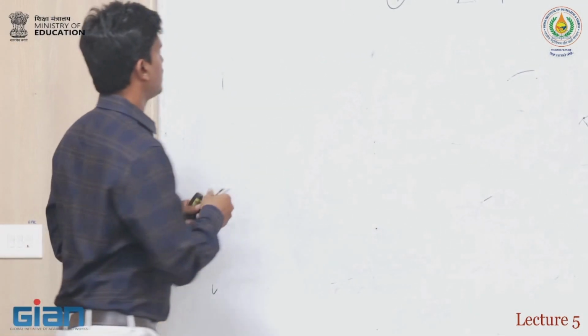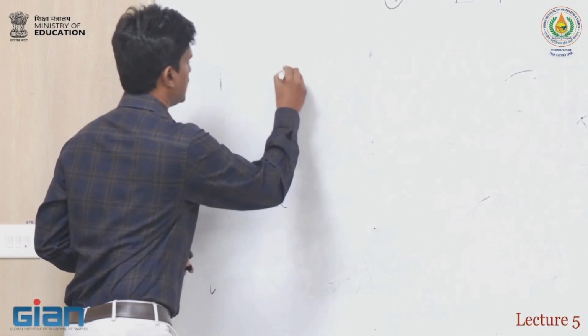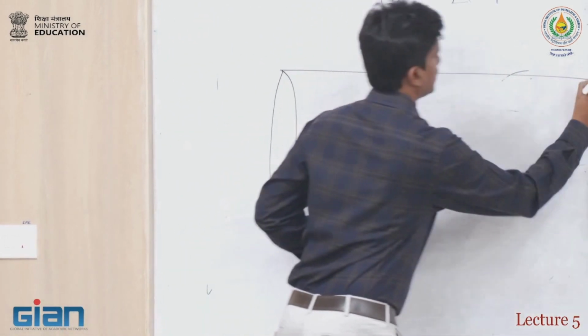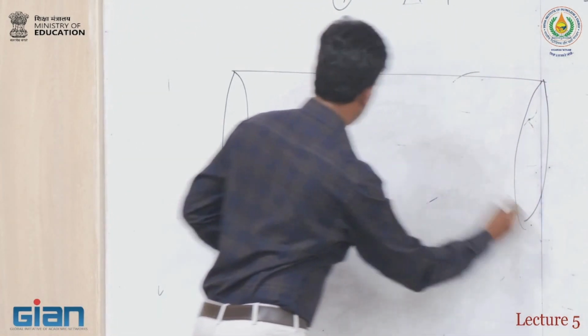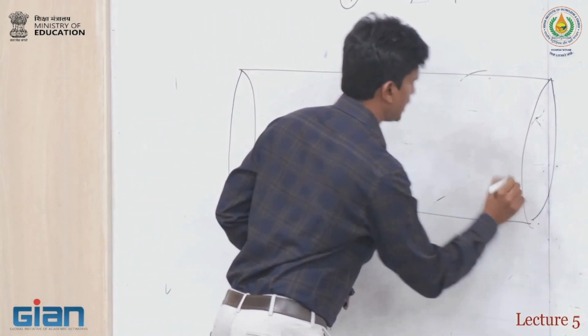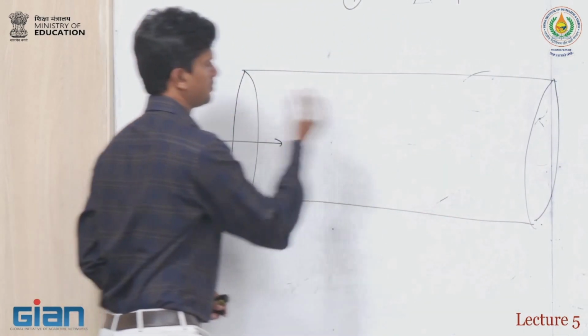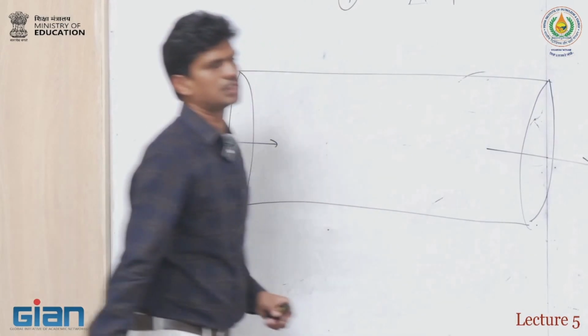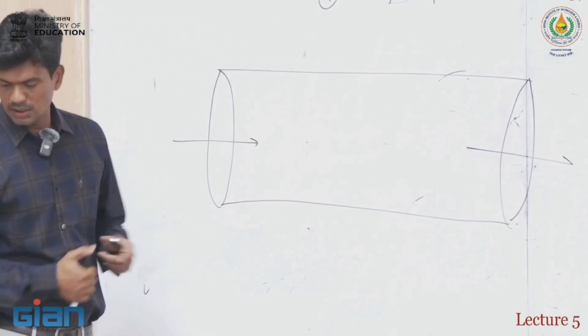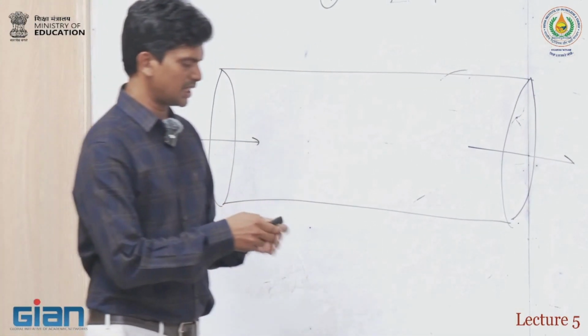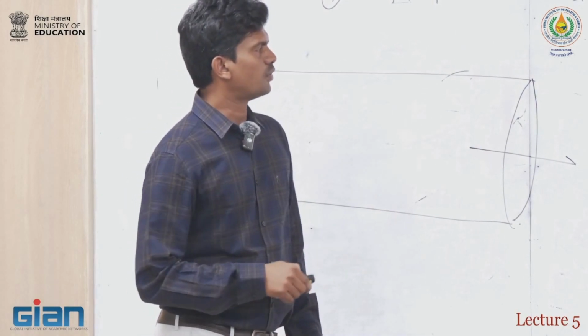So assuming we have a cylindrical pore like this, and a gas diffusion is happening through it, as simple as this. There are several mechanisms that can happen, right? So what is Knudsen diffusion?